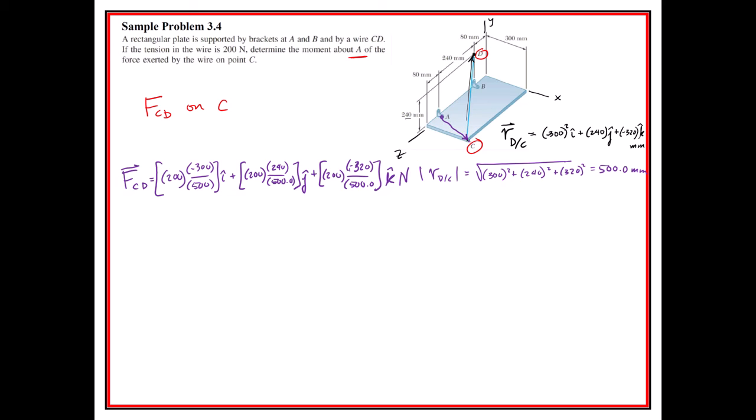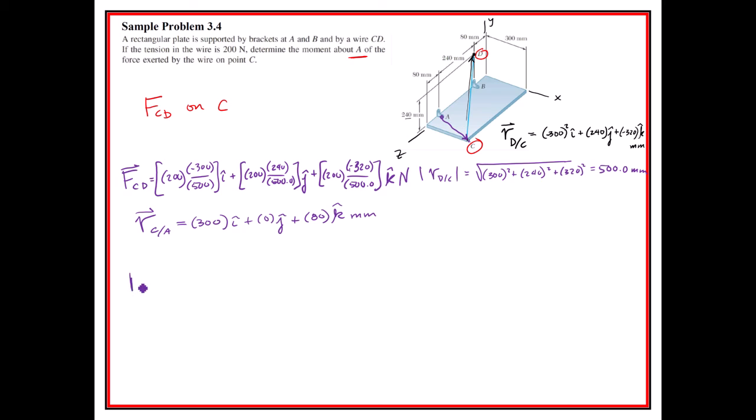So R is C with respect to A. From observation, we go 300 in the positive X direction, 0 in the Y direction because we're in the same plane, and a positive 80 in the Z direction. And truth be told, we should probably change these into meters at some point, because we don't want Newton millimeters, we'd like Newton meters.